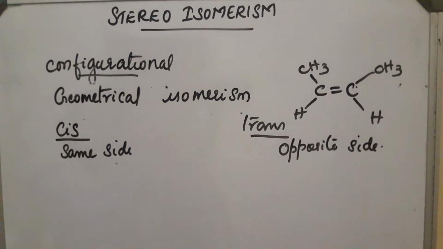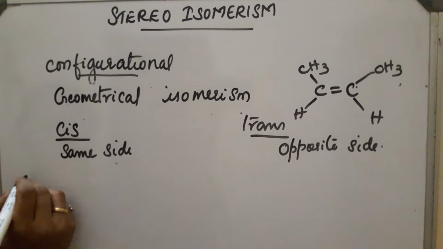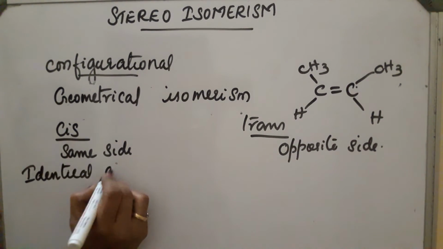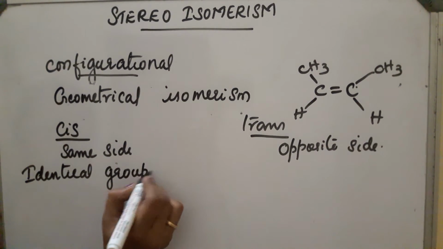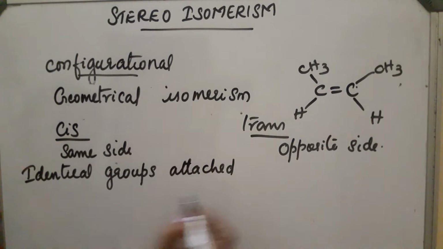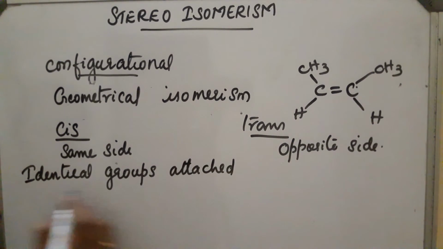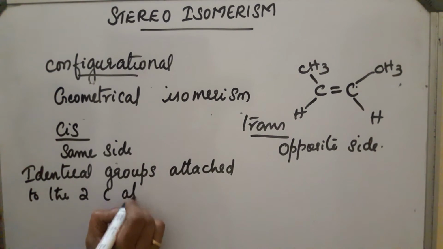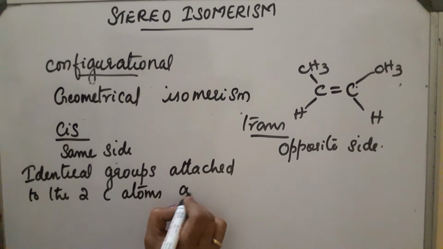So in the case of cis isomers, the identical groups attached to the two different carbon atoms are on the same side.